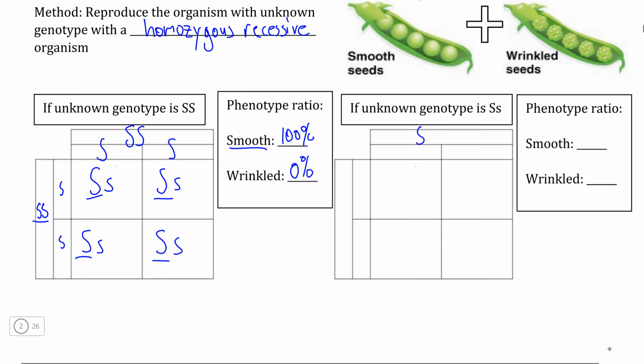But when we try this with the heterozygous parent, because a heterozygous parent has one copy of each allele, it can either produce gametes with the dominant allele or the recessive allele, even if the other parent can only give the recessive wrinkled skin allele.